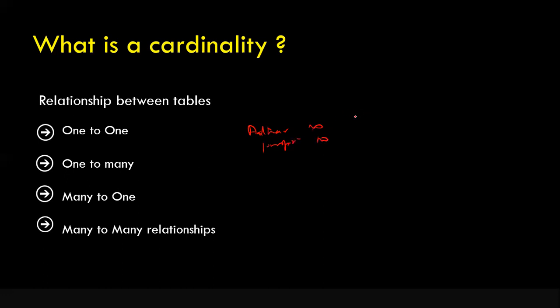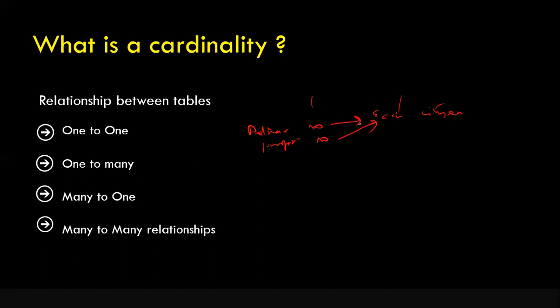These are all unique. Each citizen will have only one Aadhaar number, and each Aadhaar number is assigned to a single citizen. The same applies to passports: each person has a unique passport number. Your passport number is not the same as mine. So this is one to one.